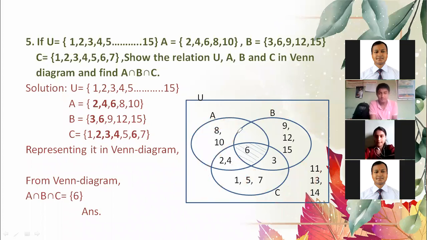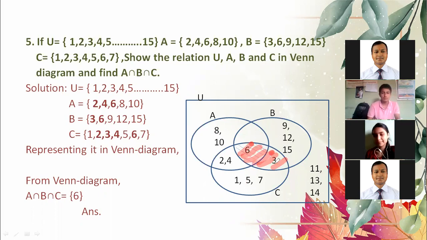If there is A intersection B, we have to make shadow in this portion. Are you looking at this? This is A intersection B. Similarly, what does this new shadow represent?